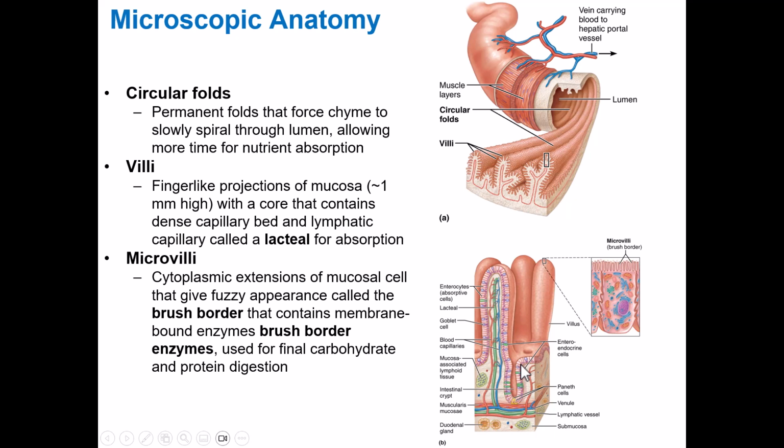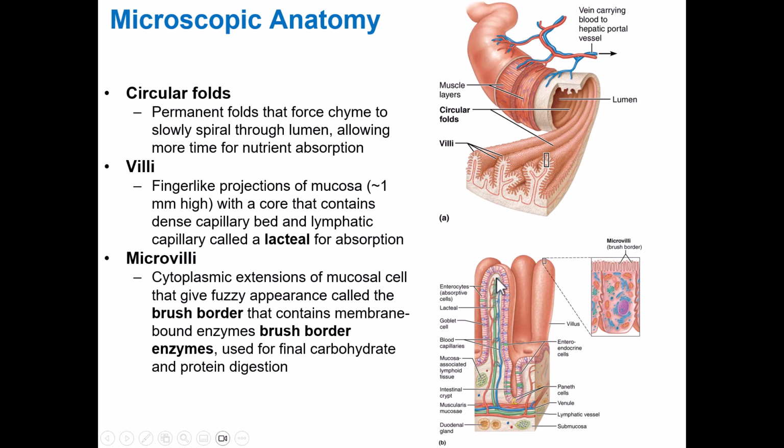Like we saw in the stomach, there are crypts there as well. So we have these big folds, the whole layer is folded. Those are the circular folds. Zoom in on a circular fold and you're going to find these little extensions that are called villi.